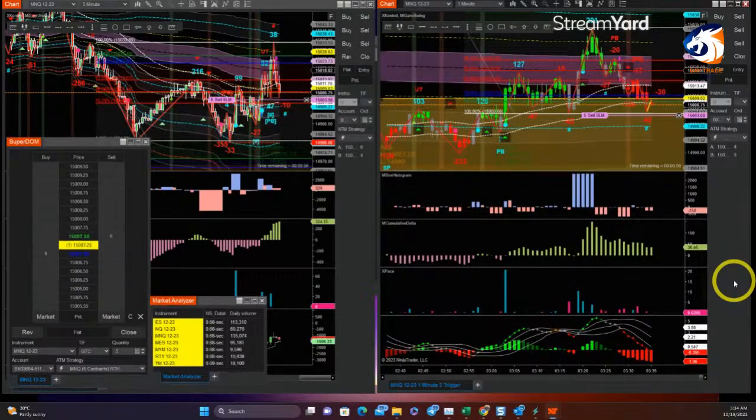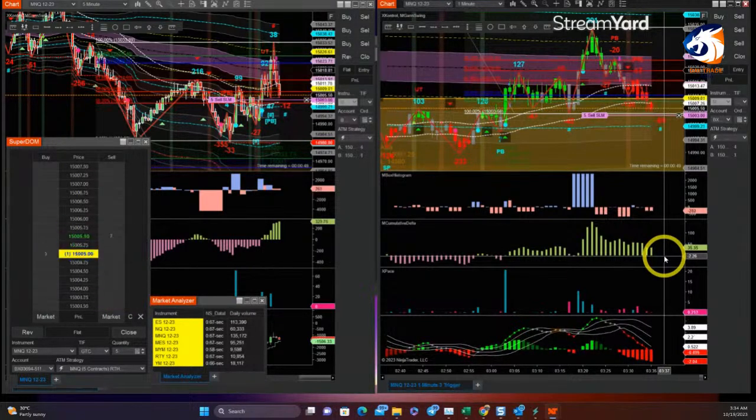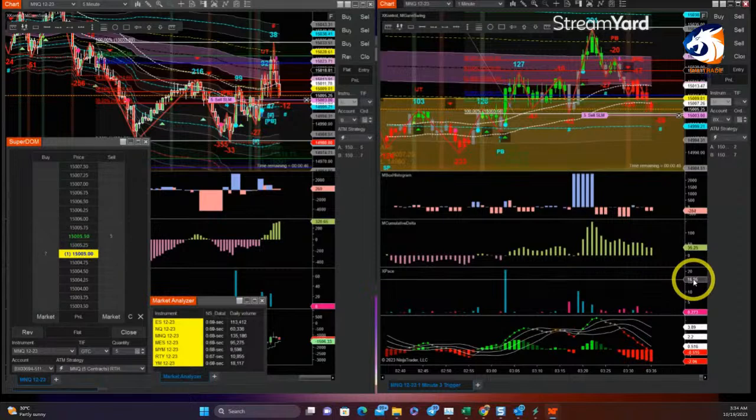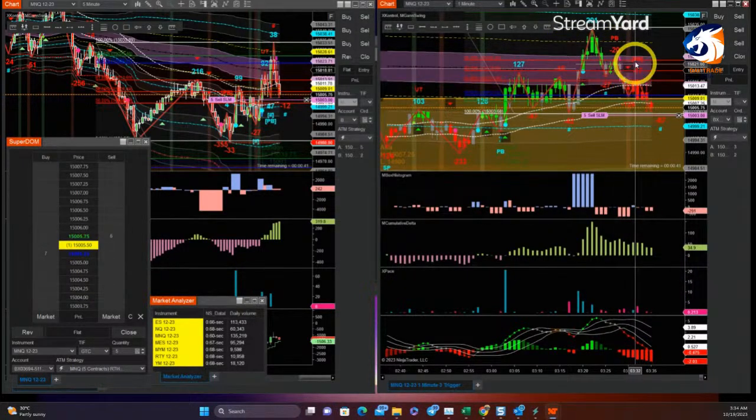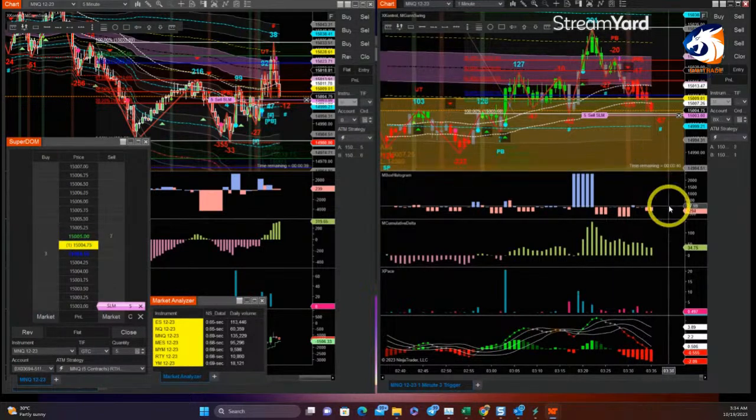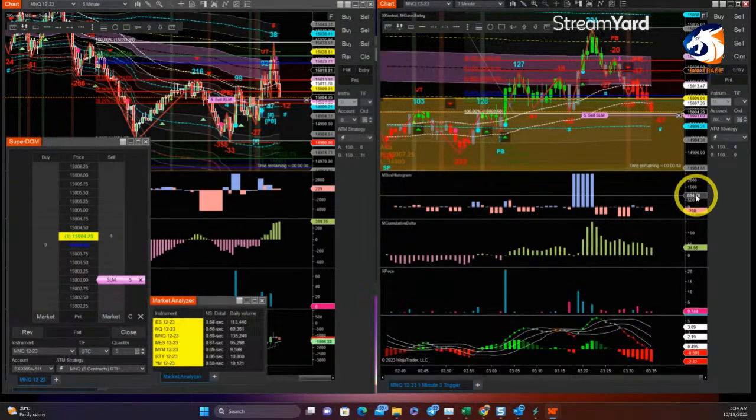See how that bounced off on the swing right here? The swing level right there bounced off. Hopefully now we can break it. Selling imbalances, so that's good indication that we'll continue, hopefully, down.